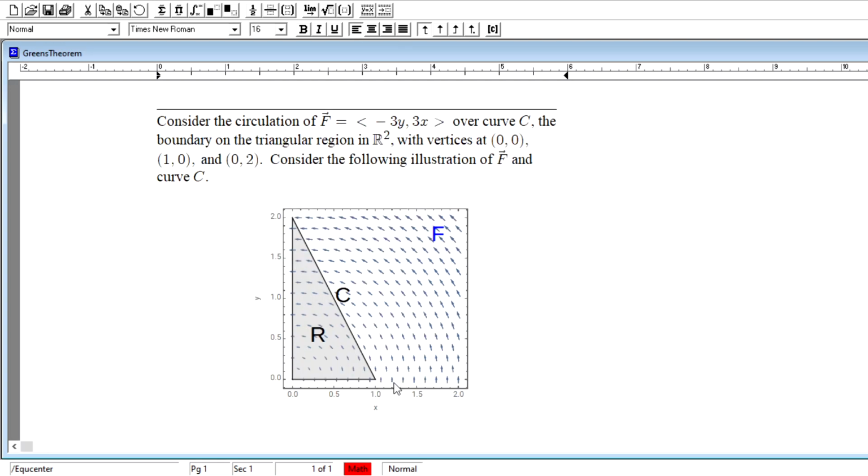If I want to describe how we circulate around this boundary of R, I can consider the tendency of the field to want to rotate at every single point within R. The description of curl at every single point in R will give us an overall description of the circulation seen in the counterclockwise direction along the boundary of R here in 2-dimensional space.